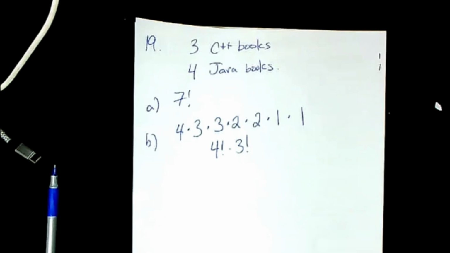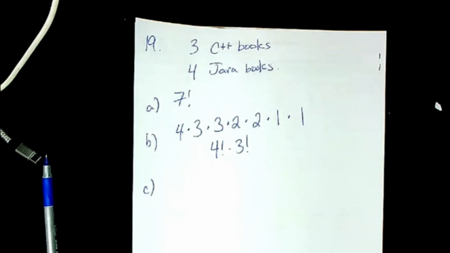Take the second C++ book and stick it between the next 2 Java books, and so on, right? That's what it comes down to. So the order that matters is only the order in which the Java books are in and the order in which the C++ books are in. Again, you'd want to write a sentence explaining at least something there.